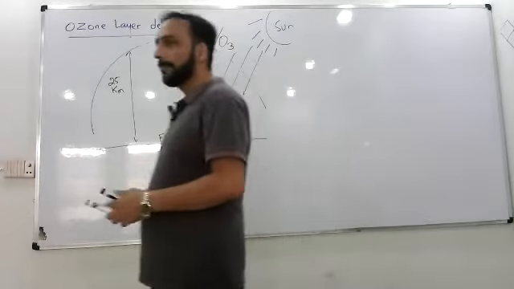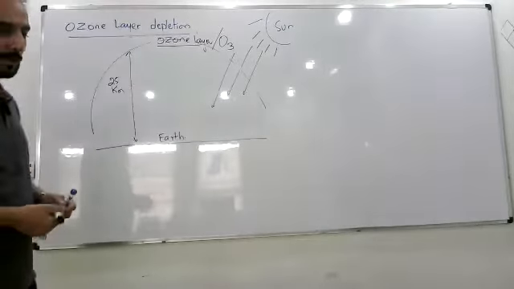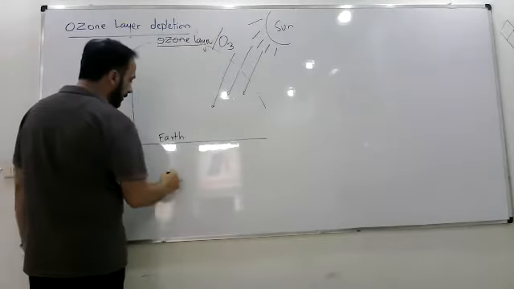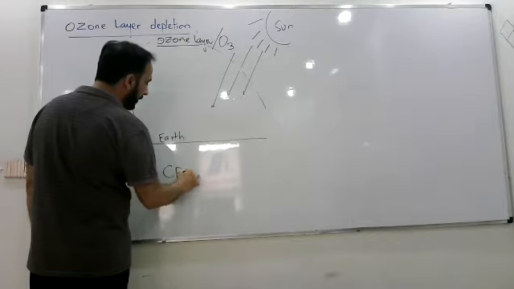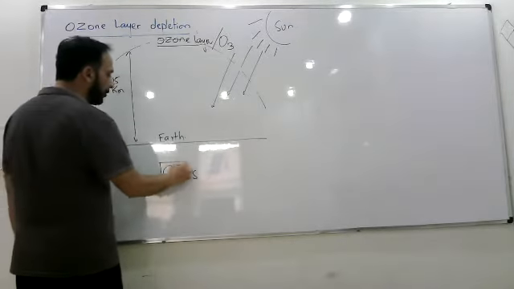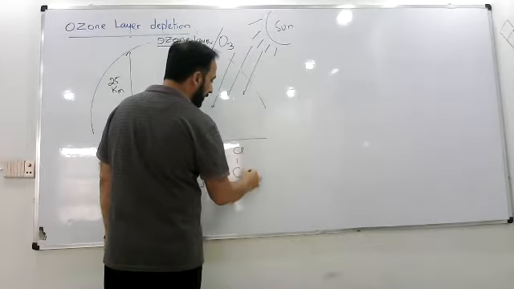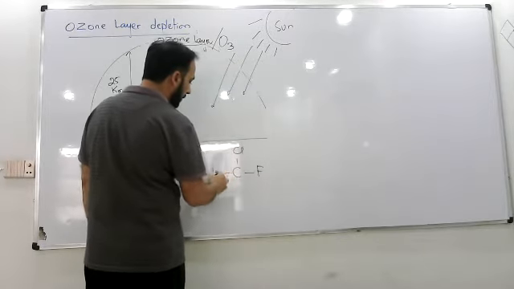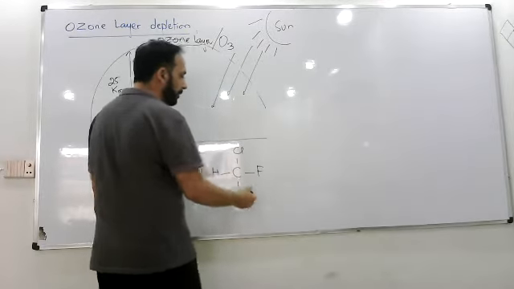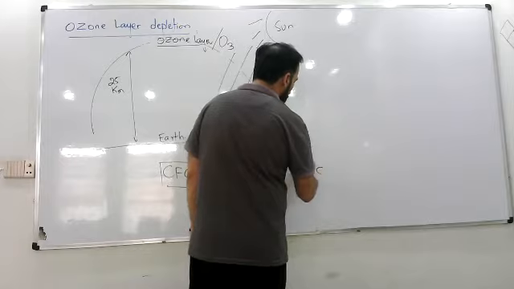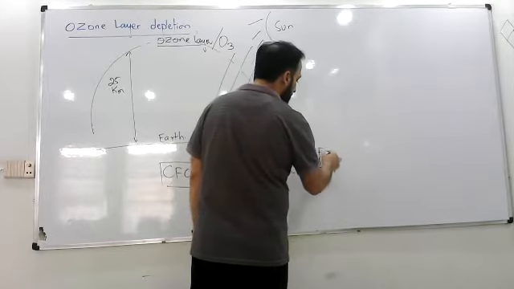Now the cause of depletion of the ozone layer is CFCs. CFCs are chlorofluorocarbons. Any organic compound which has chlorine in it, fluorine, or maybe one of them, or maybe two of them, we call such compounds CFCs.